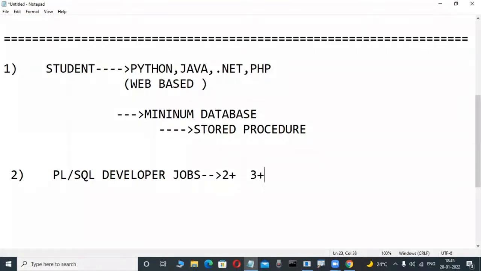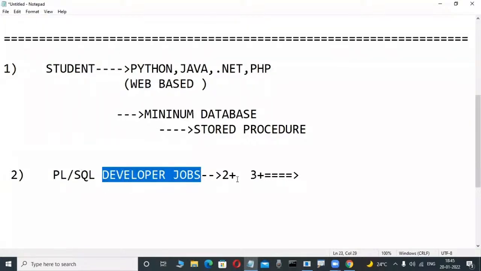Okay, fine. Those persons are in our course. They are learning this course only for PLSQL developer purposes. Many people learn this course from me. Actually, I'm a senior PLSQL developer, so I have very in-depth knowledge, and I'm telling only about PLSQL.